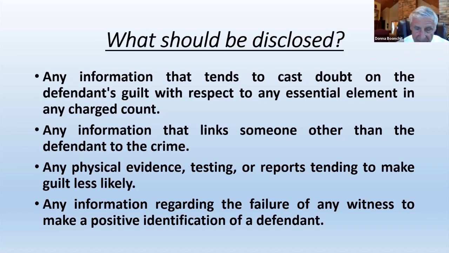Any information that affects a positive identification, the fact that they lingered on number 2 or number 6, is all to be provided under Brady for cross-examination, because then there can be some impeachment cross-examination of this witness.